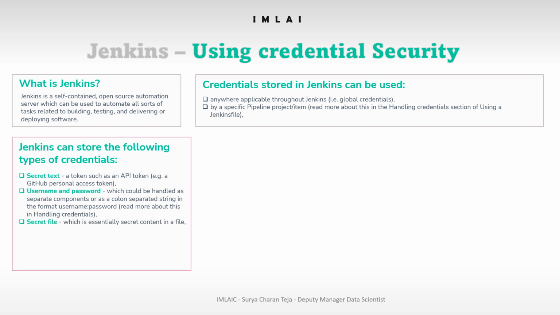Then we have secret file, which is essentially secret content in a file. Then SSH, username with a private key. Here we have to create an SSH private-public key pair, and the public key will come into the Jenkins, and the private key will be stored in the server, in that application server.